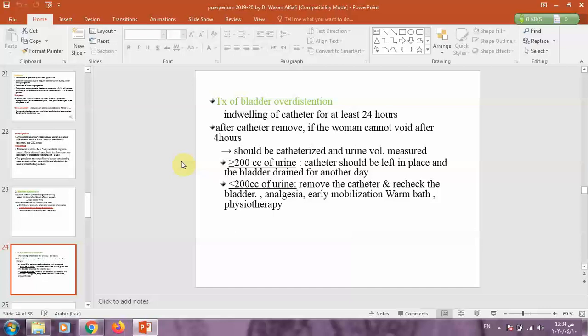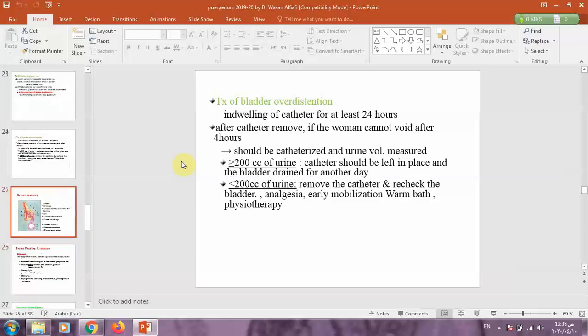If it is more than 200 cc, again put the catheter and leave it till the bladder is drained for another day. If the residual volume is less than 200 cc of urine, remove the catheter and recheck the bladder, give some analgesia, encourage mobilization, warm bath, and some physiotherapy, and the problem will be corrected.